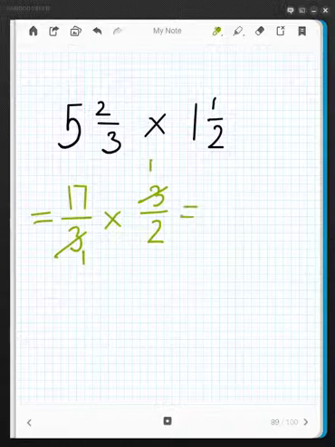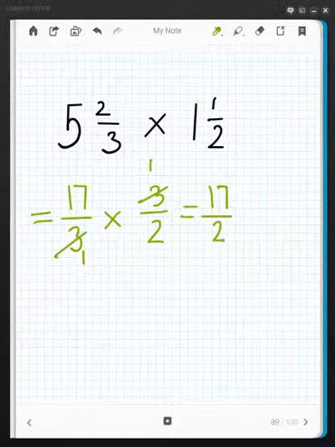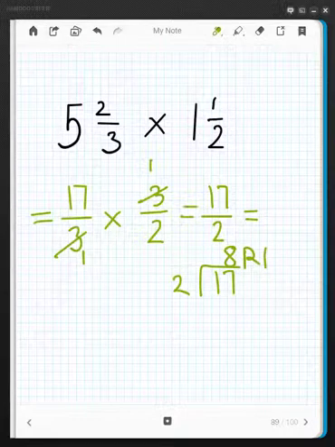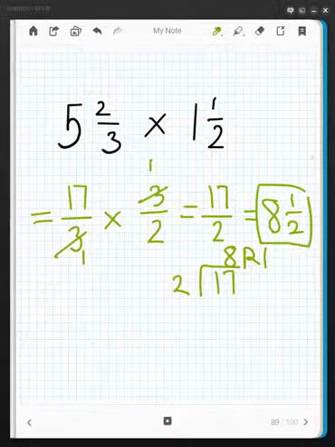Now I multiply straight across. 17 times 1, 17. 1 times 2, which is 2. Improper, so I need to change that to a mixed number. 17 divided by 2. 2 goes into 17 8 times, and 1 left over. So that looks like 8 1/2. And there we go. All right, that ends multiplying fractions and mixed numbers.